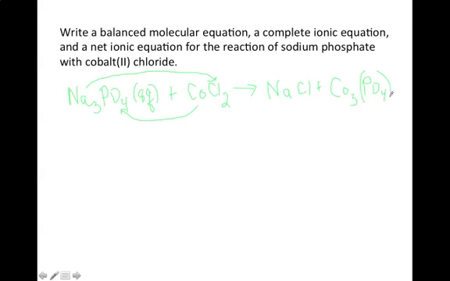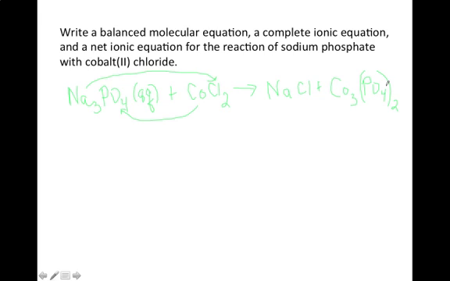We need 2 of those. Okay, so we have cobalt phosphate. If we look in our table of solubility rules, then we'll see that phosphates are going to be insoluble unless they're with lithium, sodium, potassium, or ammonium.